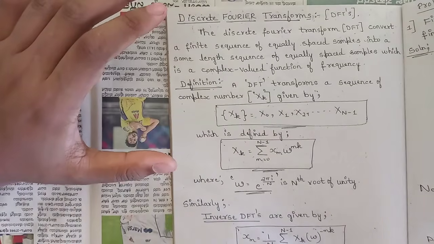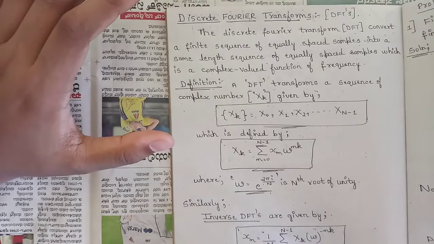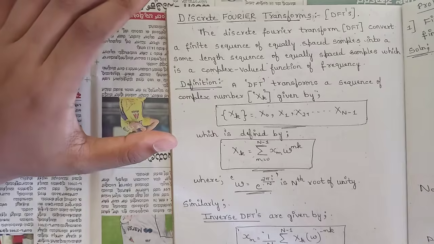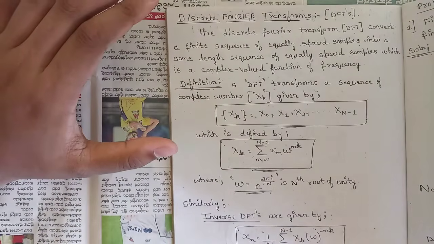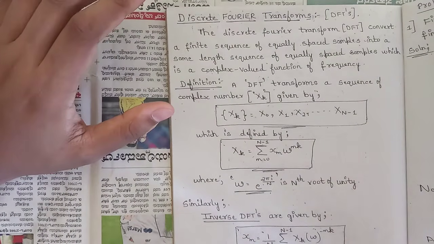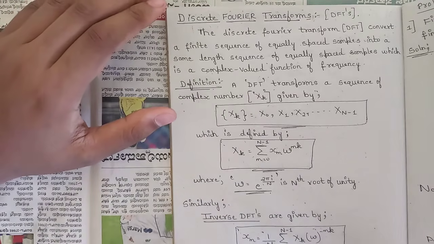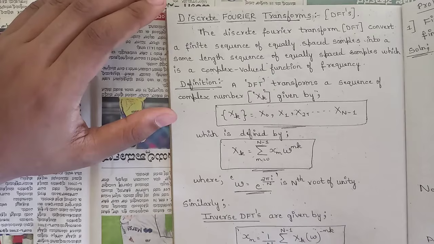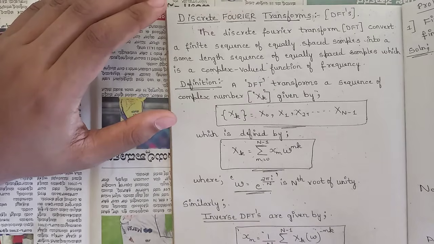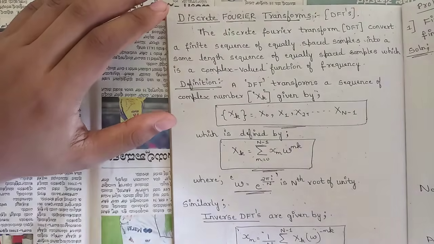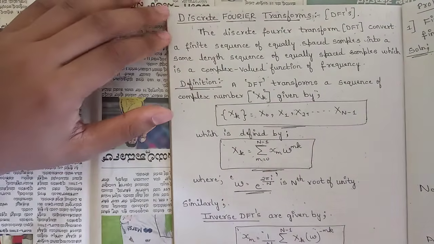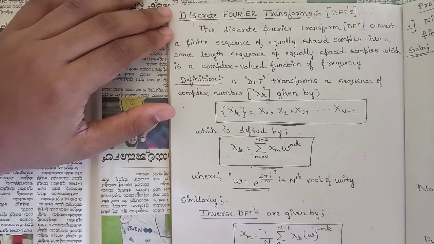For example, if a sample has 4 numbers in one set, it converts the same set into complex values. So this was all about the discrete Fourier transform in general.